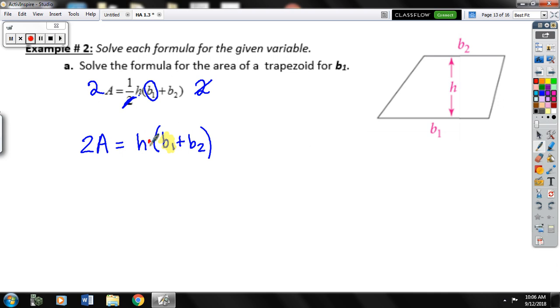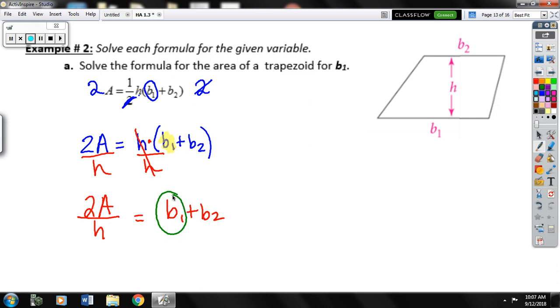I would undo multiplication right now with division, personally. And I can drop off my parentheses at that point because I no longer have anything outside of them. And then we are solving for b1, so the last thing we have to do to both sides. Done? Subtract b2.